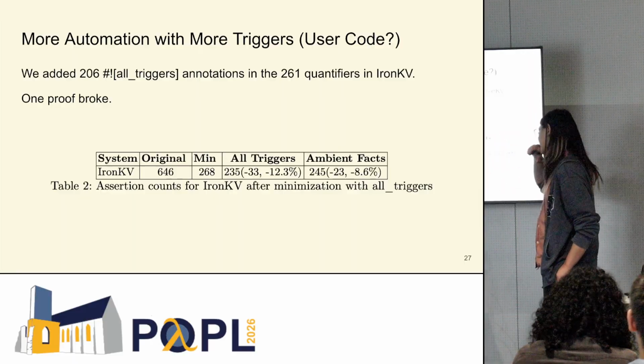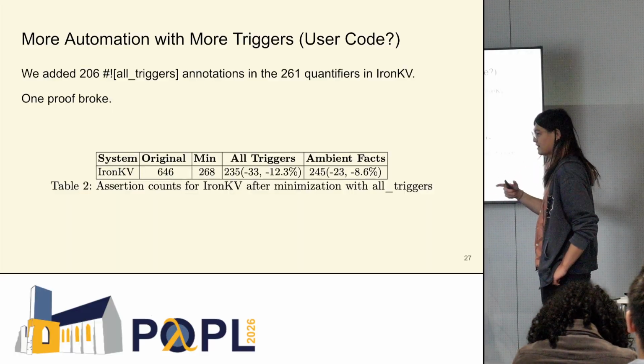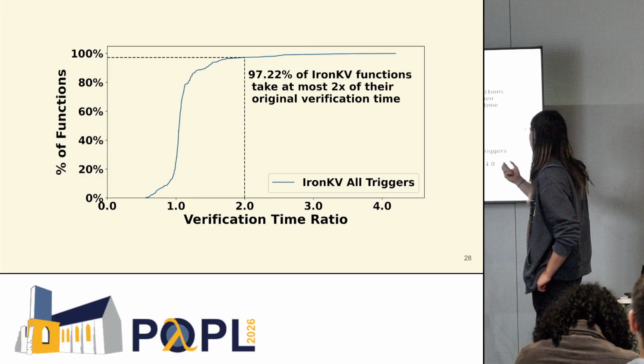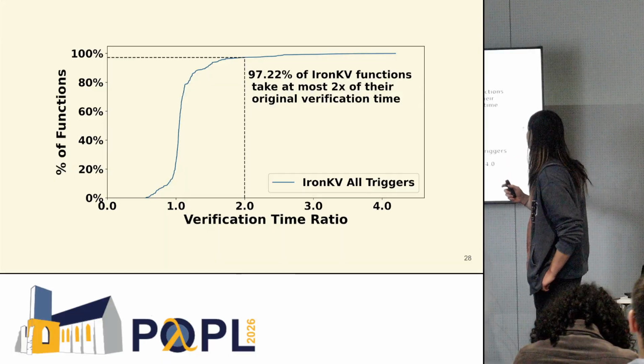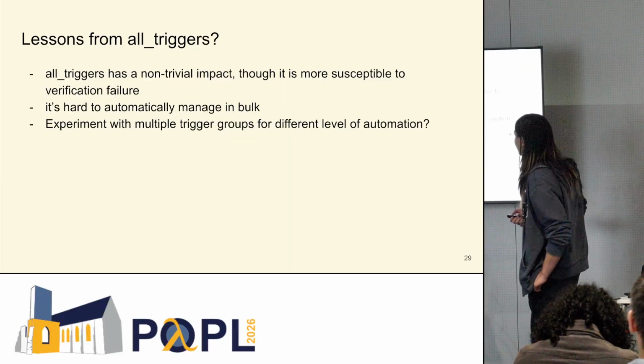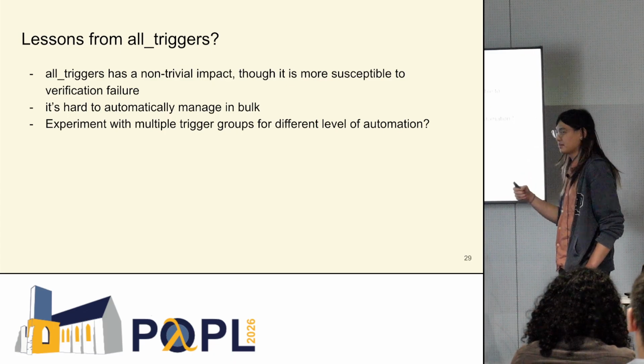And you can see that this is actually more impactful than increasing the ambient facts, where we're broadcasting a bunch of stuff. For the verification time, there's a slight decrease, but it also works out somewhat fine. But it's less clear to us. So it has a non-trivial impact, but it's less clear to us how to manipulate these automatically.